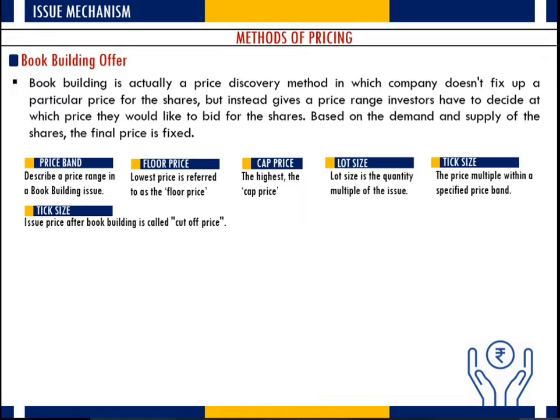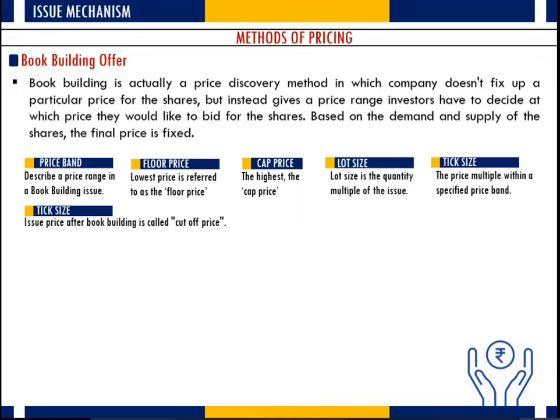So an advertisement is given to communicate what the price band is. Now this price band is the option at which the public can bid, whether they want to bid at the lower end of the price band or at the higher end of the price band. That is decided by the public.